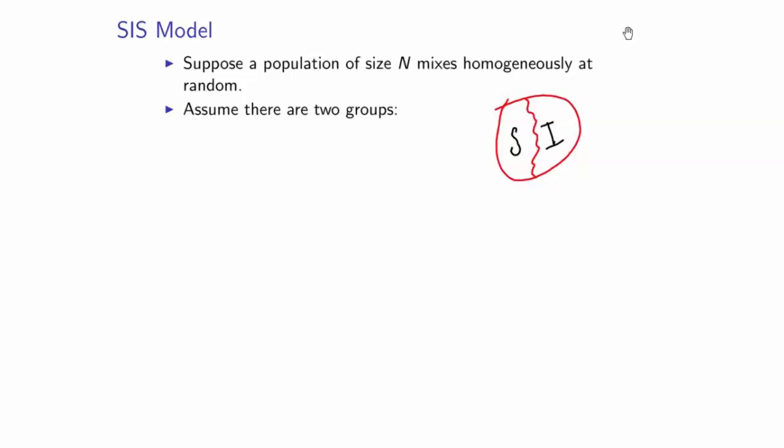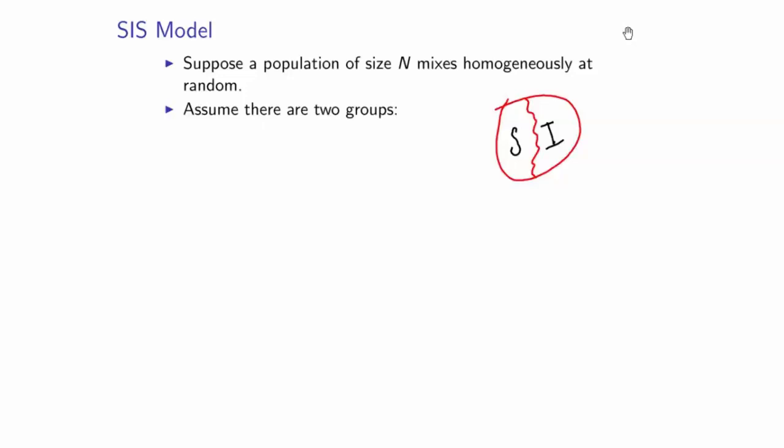You have one population of a specific size, a number of individuals, and now you think that these individuals may actually be in one of two groups, and you label or classify these groups according to the so-called epidemiological status. S is going to denote individuals that are healthy and not infected.